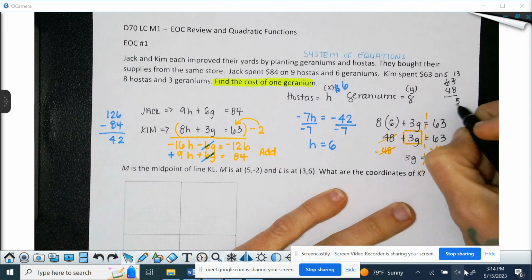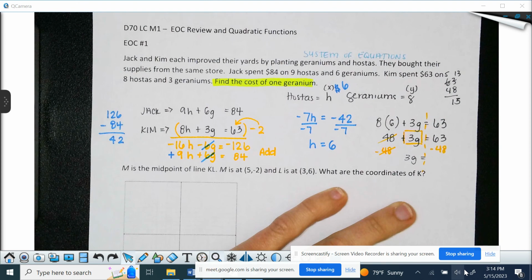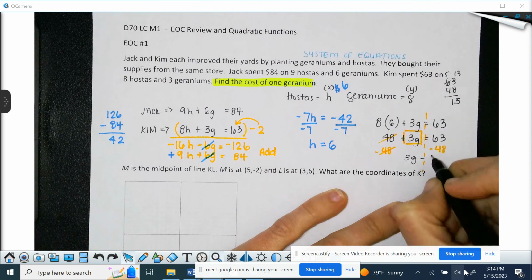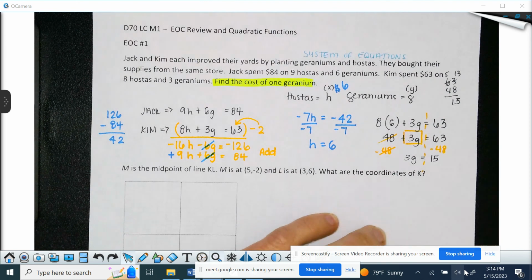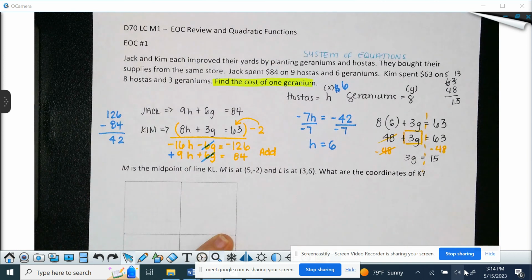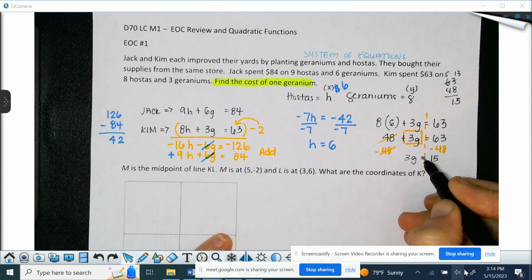5, it should be 15. Yep, 15. And then how do I get that 3 off that G? Good job, Emma. You're faster than me. That is 3 times G. That is the multiplication. Yep.